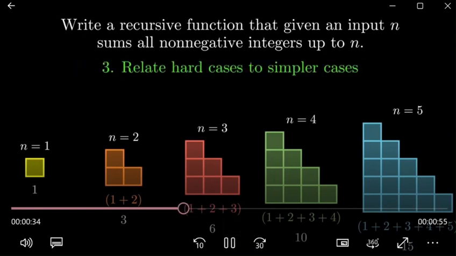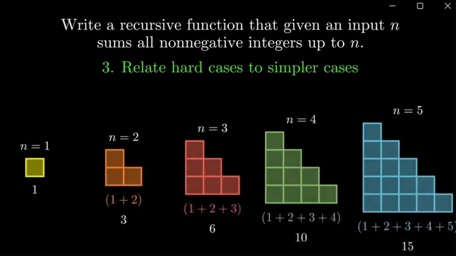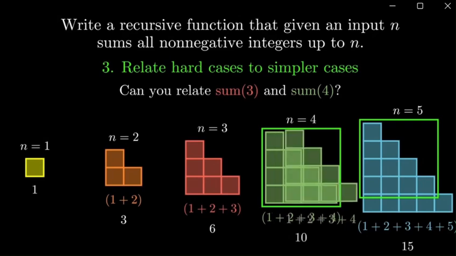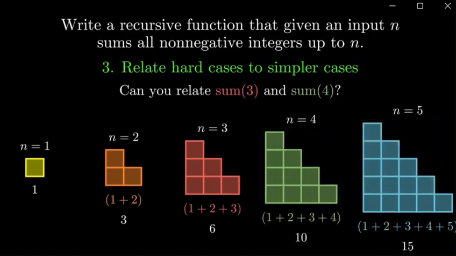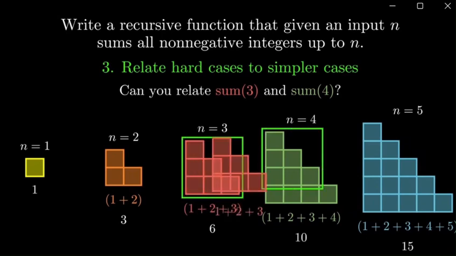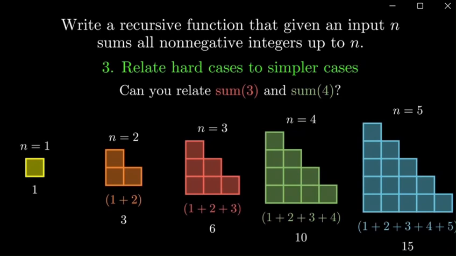Now we have to relate hard cases to simpler cases, like here we can see that sum of 5 numbers is nothing but the sum of first 4 natural numbers plus 5. And if we relate sum of first 3 numbers to sum of first 4 numbers, we can see that it's nothing but sum of first 3 numbers plus 4.